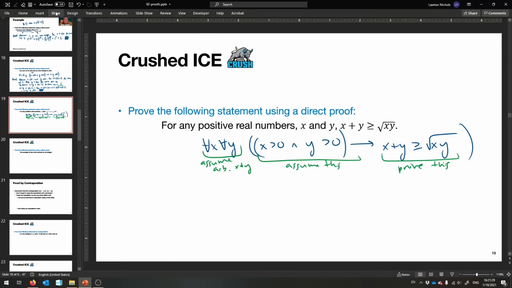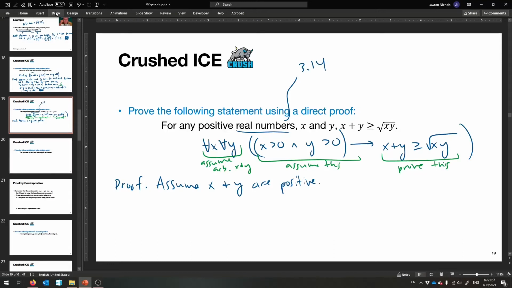So let me give the way that I would prove it. So proof. Okay, assume x and y are positive numbers. And a real number is just something that can have decimals. 3.14 is fine.